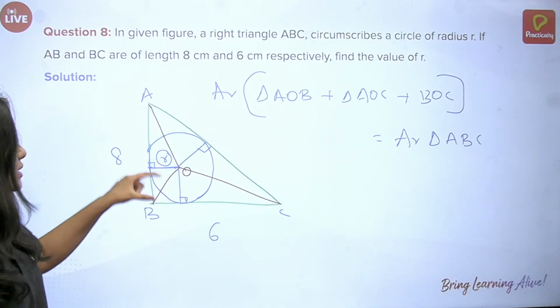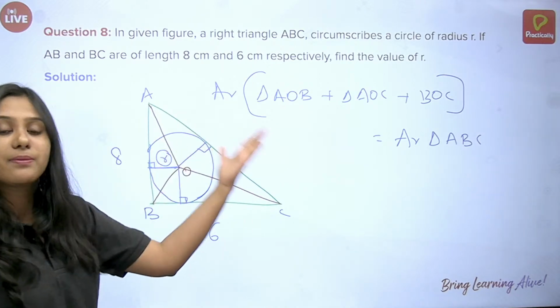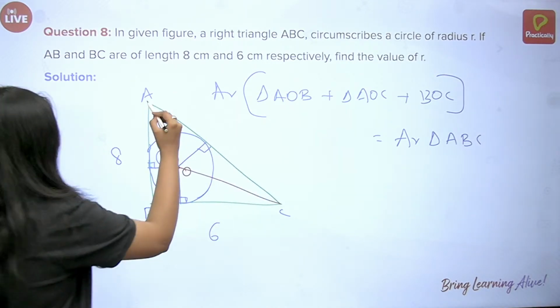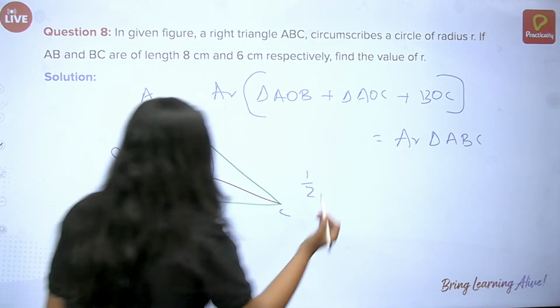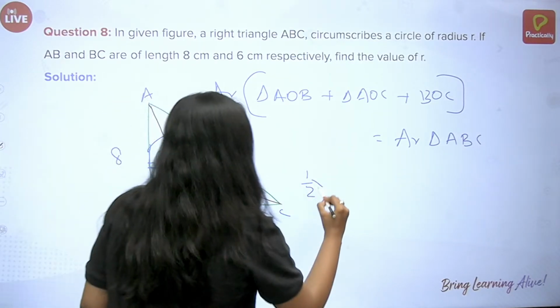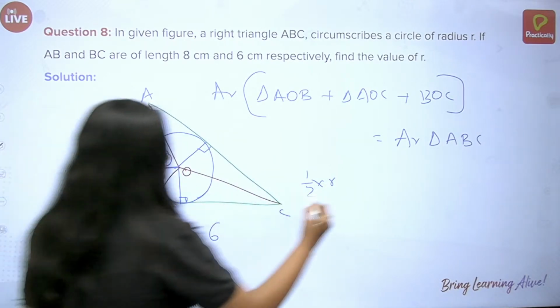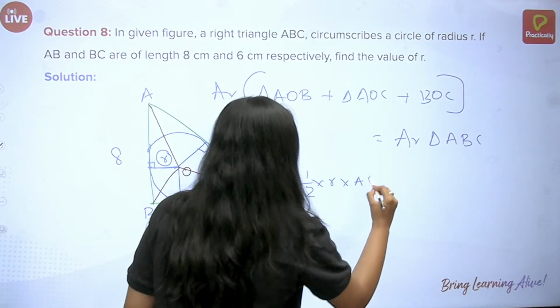So, it is nothing but the area of the larger triangle. We will be applying the same concept. The area of AOB is half into r into AB, that is half into base into height.